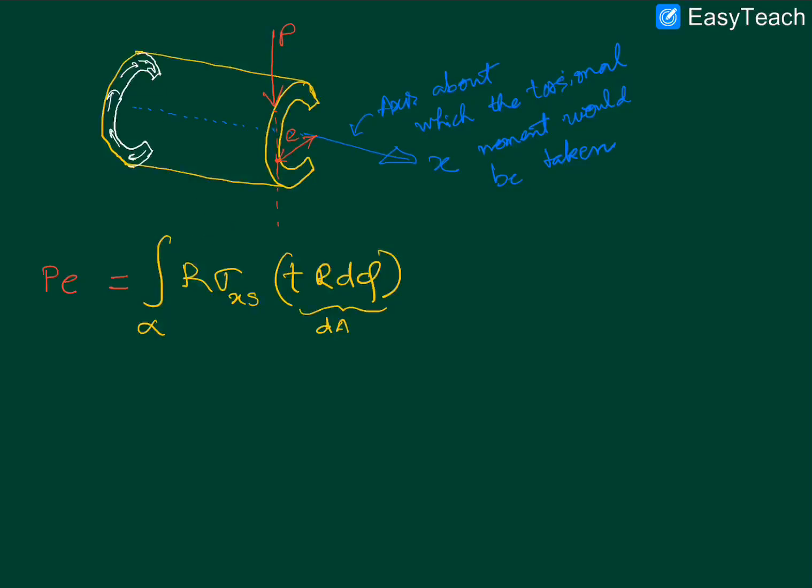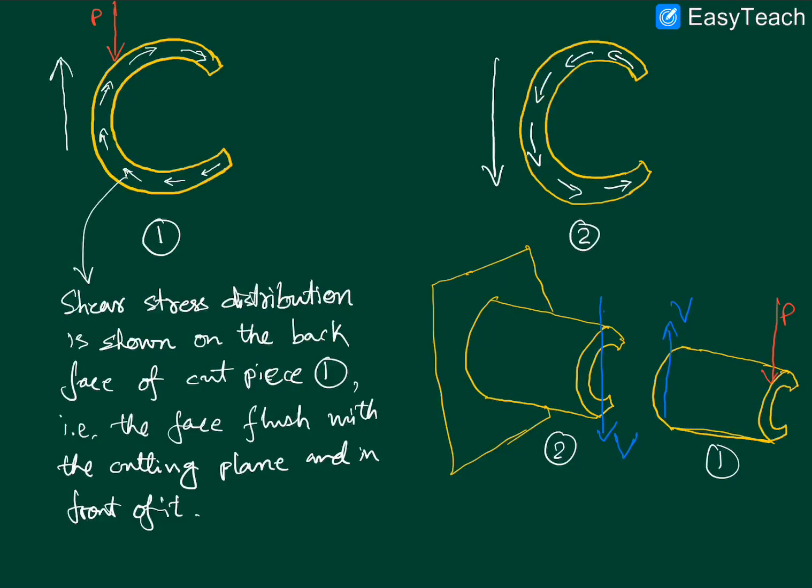The limits of phi will be from alpha to twice pi minus alpha. All you have to do is substitute the expression of sigma xs that we had obtained earlier.